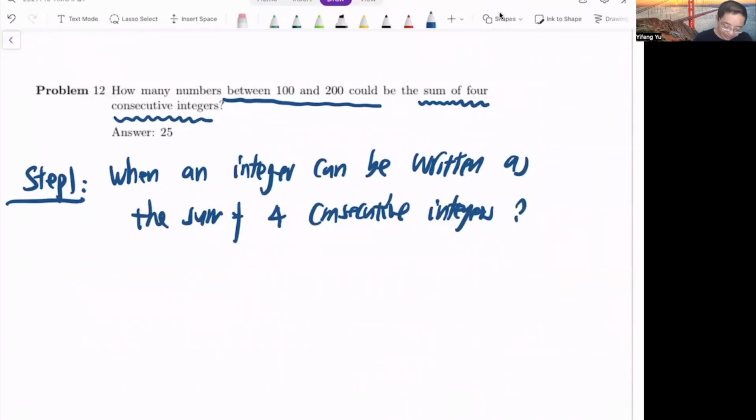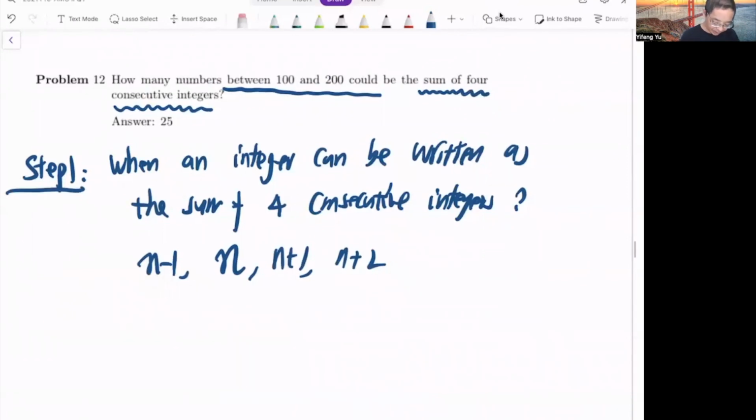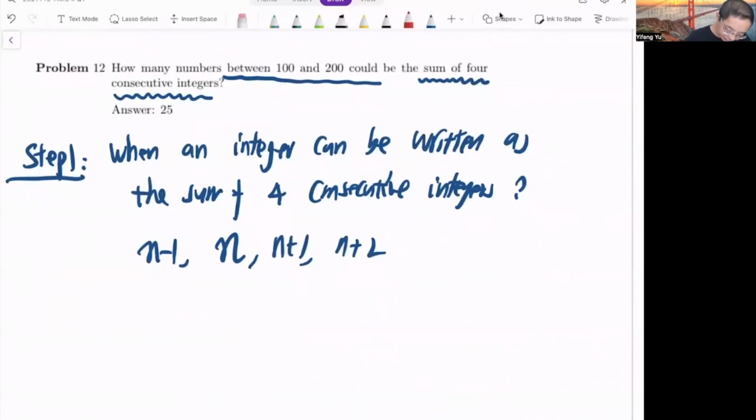Well, let's see. If I have 4 consecutive integers, they are n minus 1, n, n plus 1, and n plus 2. This is the general way to express 4 consecutive integers. If you add them together, you get 4 copies of n, so 4n plus 2.